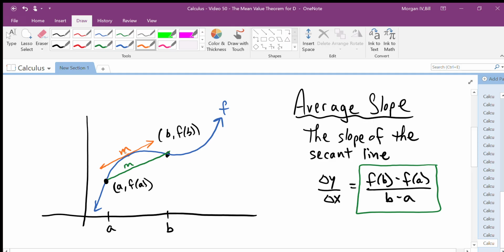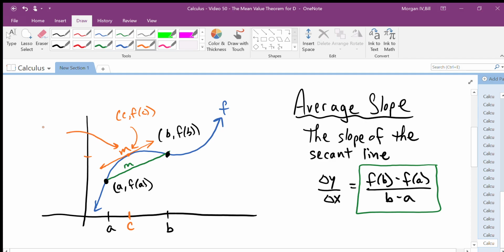And so what we're saying is there's going to be some value c down here in between a and b, such that at the point c, f of c, the slope of the tangent line and the slope of the secant line are the same. Now, how do you find the slope of a tangent line?